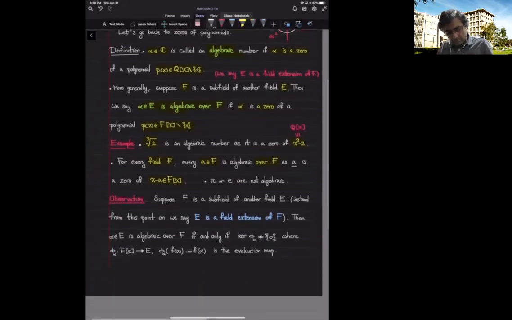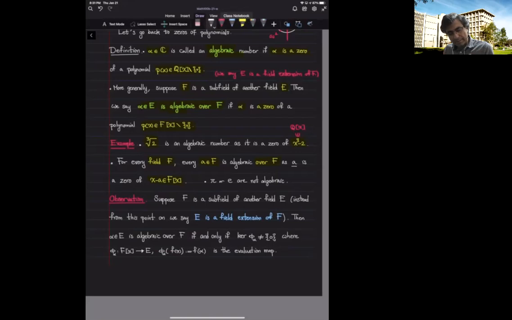Okay, so again, let's repeat. A number is called algebraic over a field F if it is a zero of a non-zero polynomial with coefficients inside F. Let's try to understand this in terms of the evaluation map and terms that we've learned about ring homomorphisms.